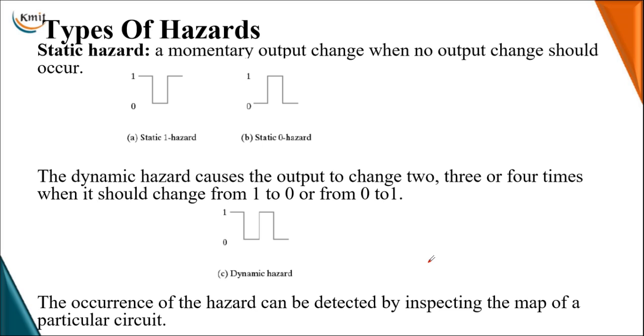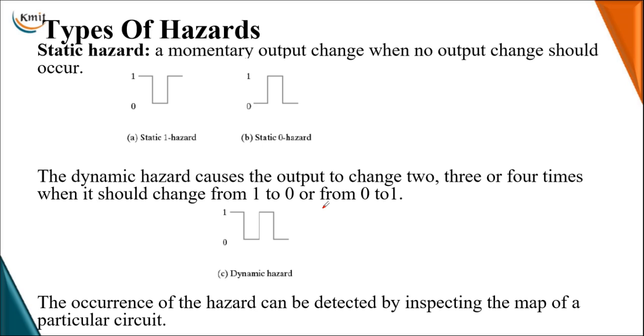Dynamic hazards are those where the output changes more than two times, meaning 2, 3 or 4 times. The actual stable state is one. In order to obtain the next stable state, first it moves to the zero state, comes back to one, goes again to zero, and again goes to its actual stable state, which is logical one.